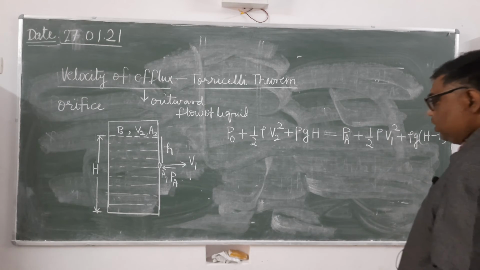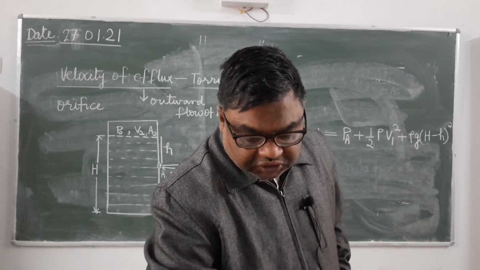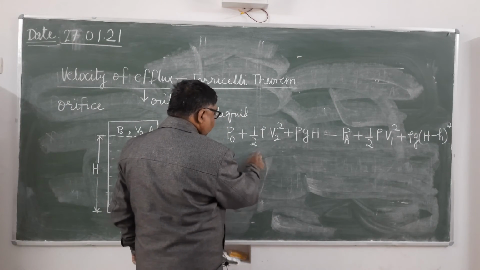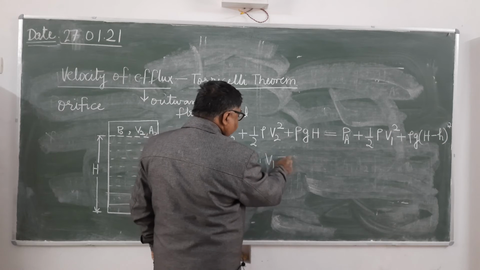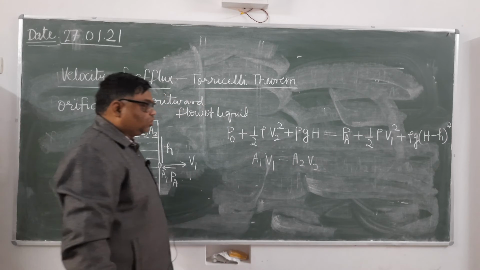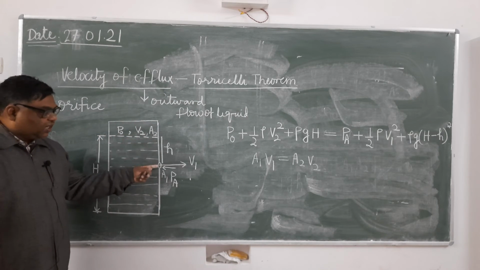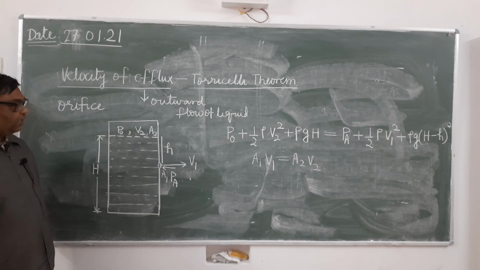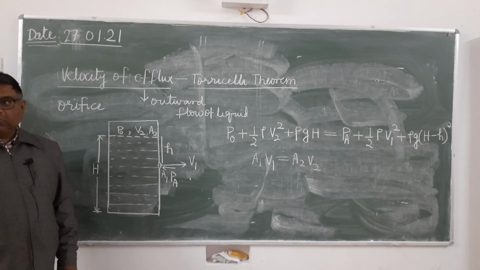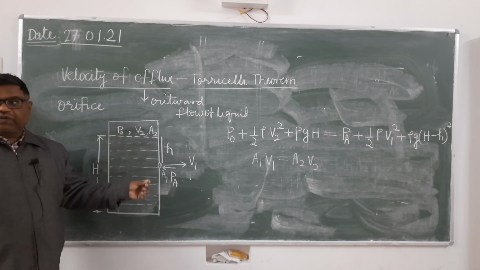On simplifying, but before that you can see one more thing. From the principle of continuity, we know that A1 V1 equals A2 V2. If you compare the cross-sectional areas, A2 is much larger than A1 because this is an orifice, a very fine hole.